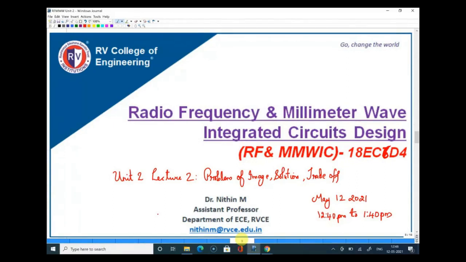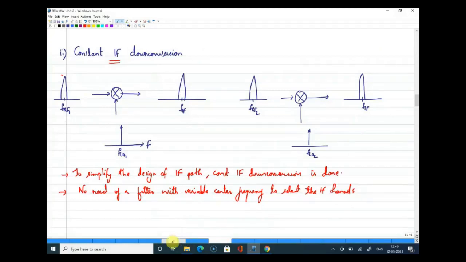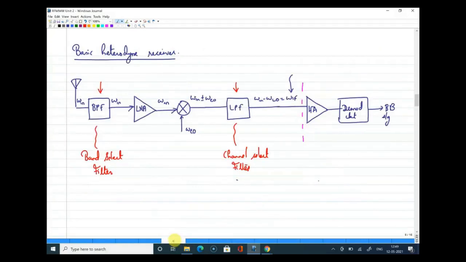All right. So let's see what is the problem of image, and we'll also see what can be a probable solution. Our discussion is focusing on the present architecture, the very primitive form, where you have two filters, one for selecting the band and the later one for selecting the channel.